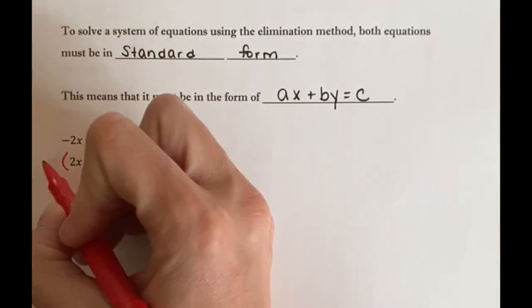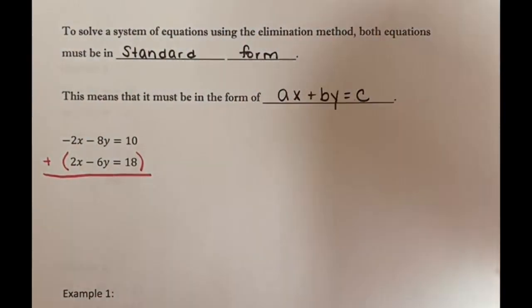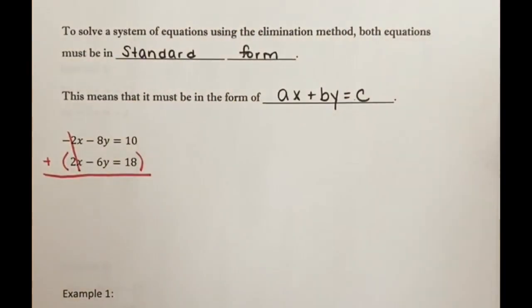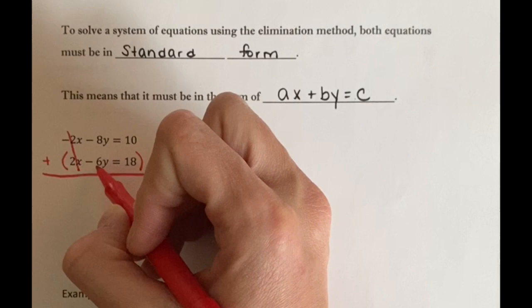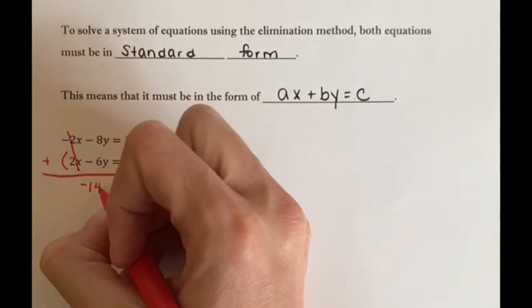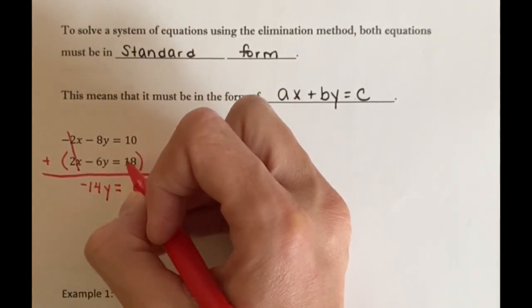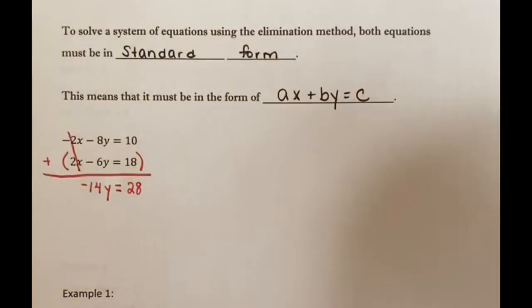So then what we're going to do is add those equations together. Because negative 2x plus 2x cancels out and gives me 0. That eliminates the x. Then negative 8y and negative 6y give me negative 14y. 10 and 18 give me 28.